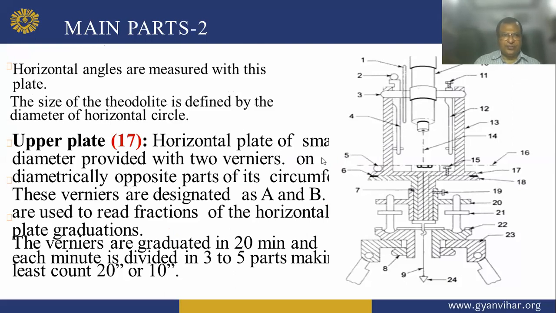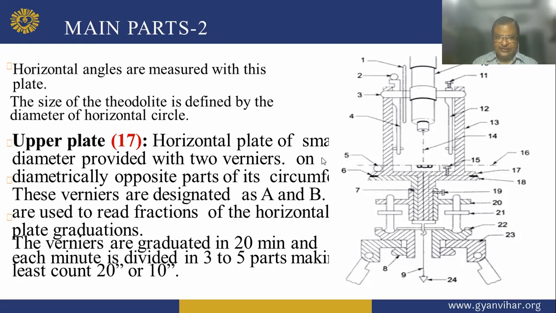Now main part 2, horizontal angles are measured with the plate. The size of the theodolite is defined by the diameter of the horizontal circle.